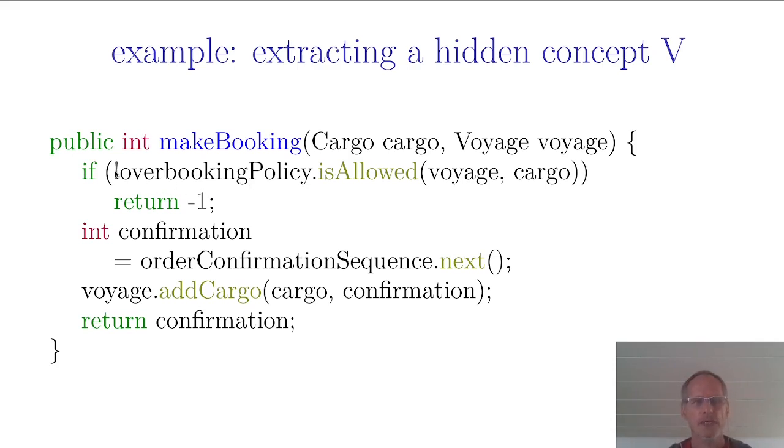The main point is that the source code now tells us that if the overbooking policy is allowed with the voyage and the cargo is not true, then we return -1. So what we gain is that the source code becomes much closer to a specification of the business rule.